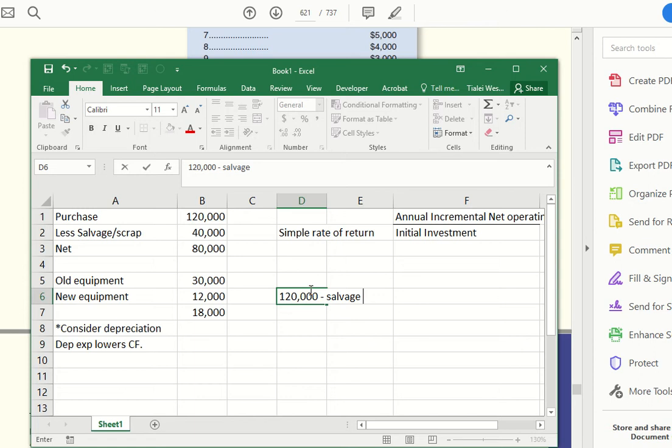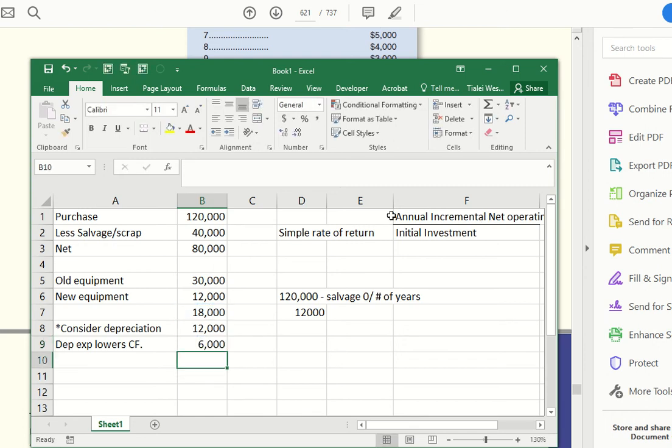They said there would be no salvage value for this new asset, divided by the number of years if you're going to do straight line depreciation. So that would be $120,000 divided by 10 years from the problem. So they do need to worry about this $12,000 depreciation, which is an expense, which would lower their annual incremental net operating income.